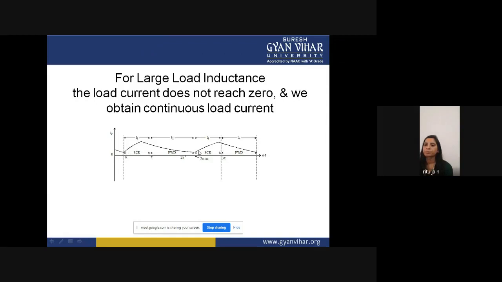After 2 pi plus alpha it is again increasing, then decreasing, then from pi to 2 pi the freewheeling diode is conducting, so current is not getting zero. So by using a freewheeling diode, you can make the load current continuous.